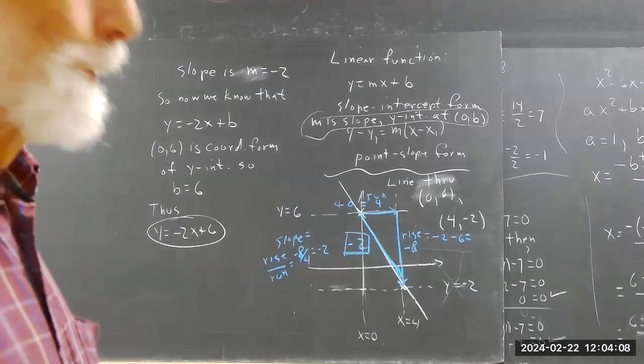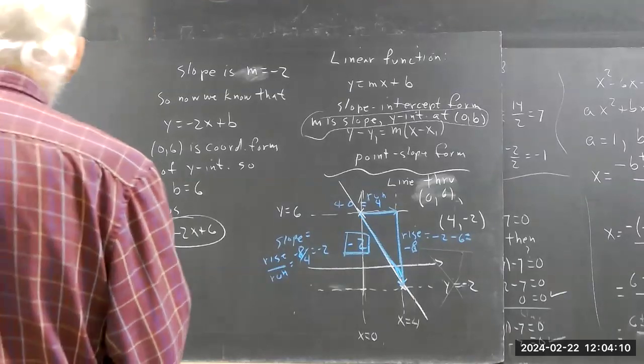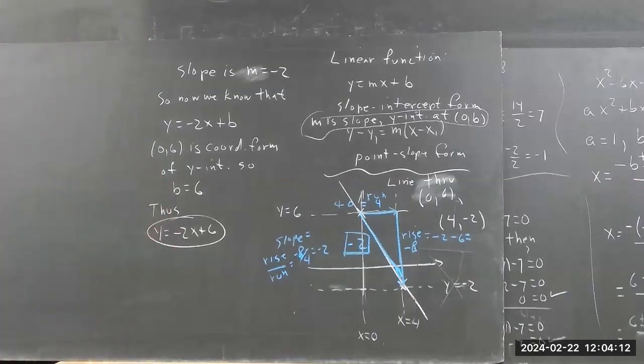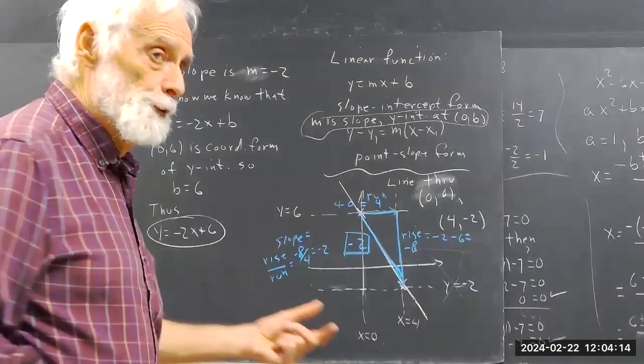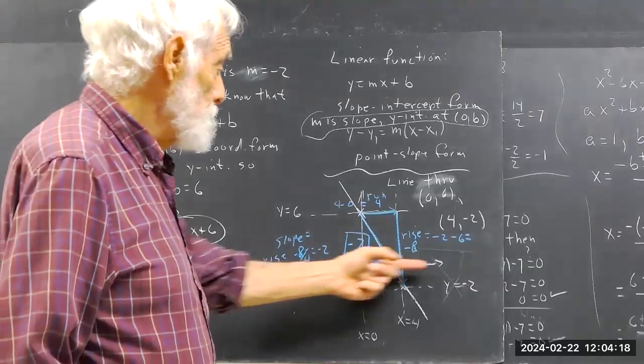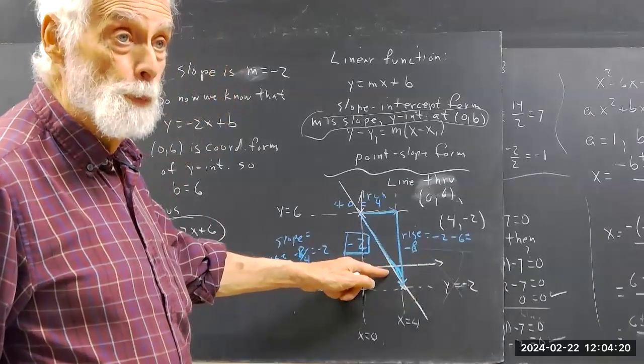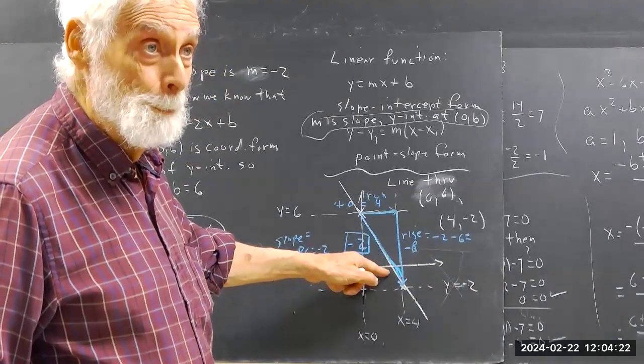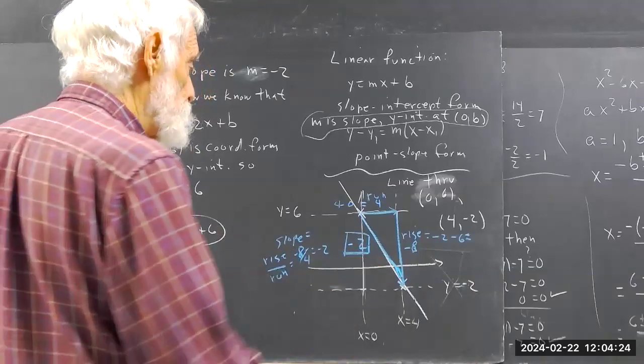Now, what's the x-intercept of this line? The x-intercept occurs when y equals 0. Well, the x-intercept is then where the graph crosses the x-axis, because that's where y equals 0. So here's the x-intercept.